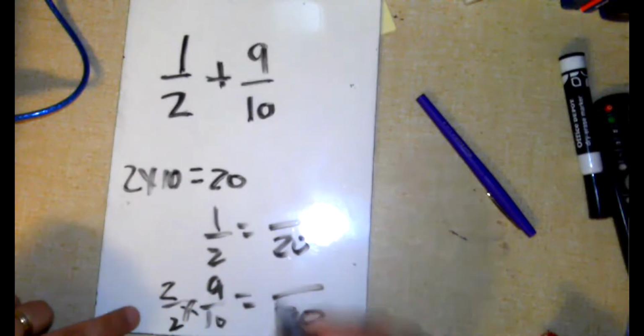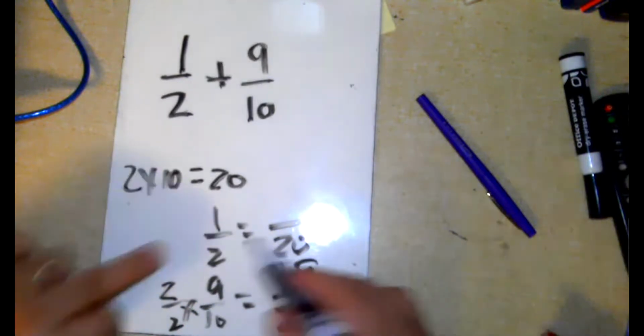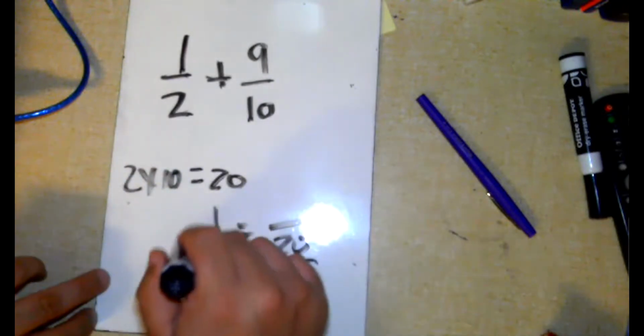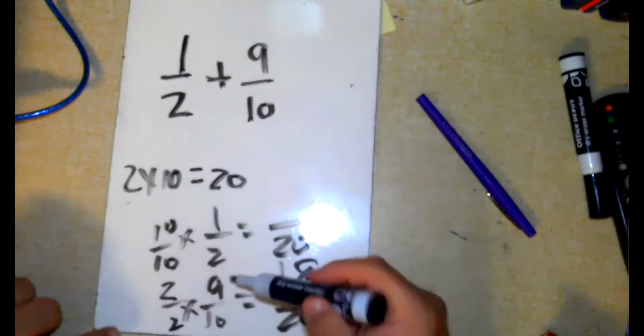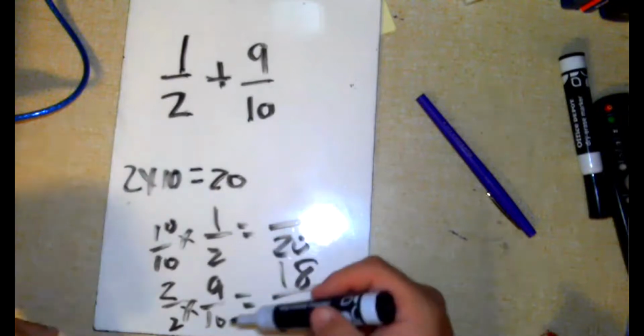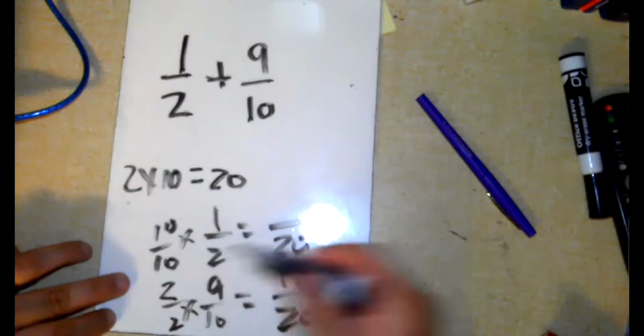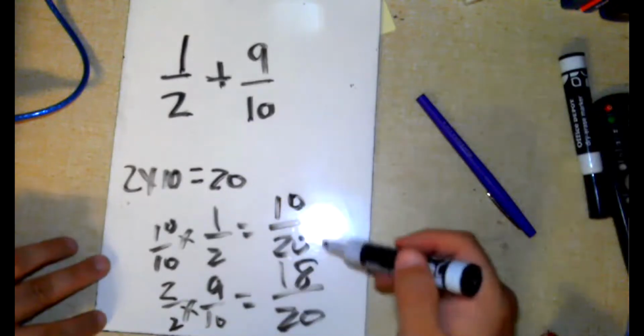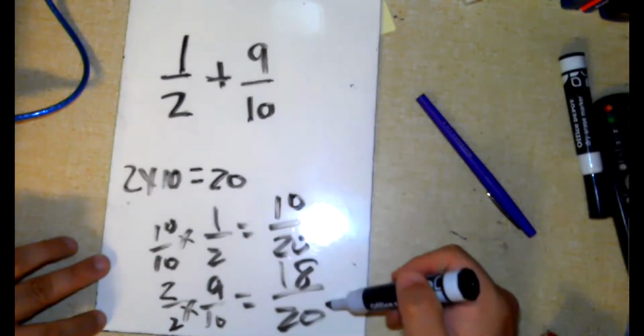2 times 9, 18. Okay. Now I'm going to look at this one. 2 times what equals 20? 10. When I do the denominator, I do the numerator. 10 times 2 is 20. 10 times 1, 10. Now I've got my common denominator, 20.